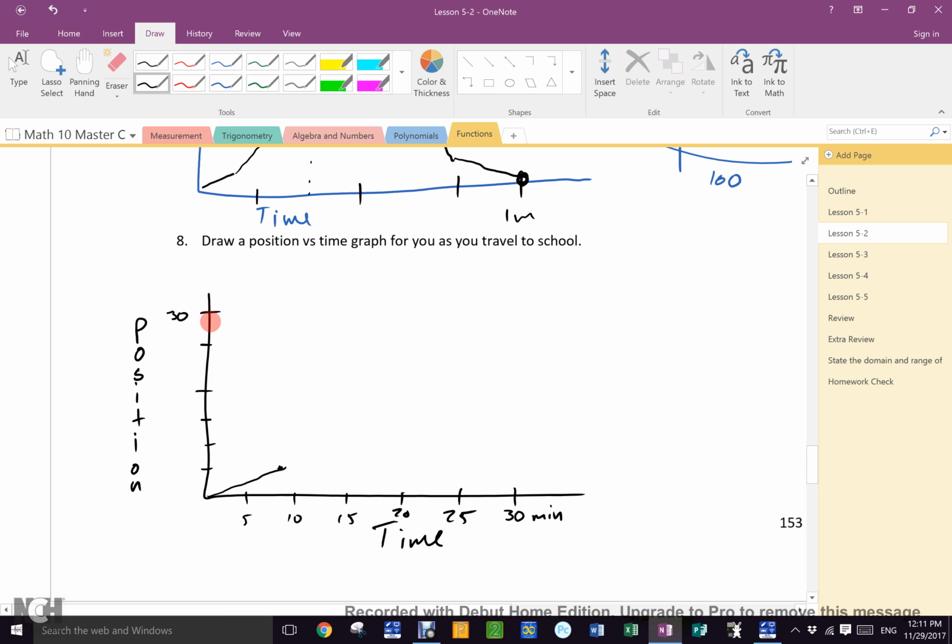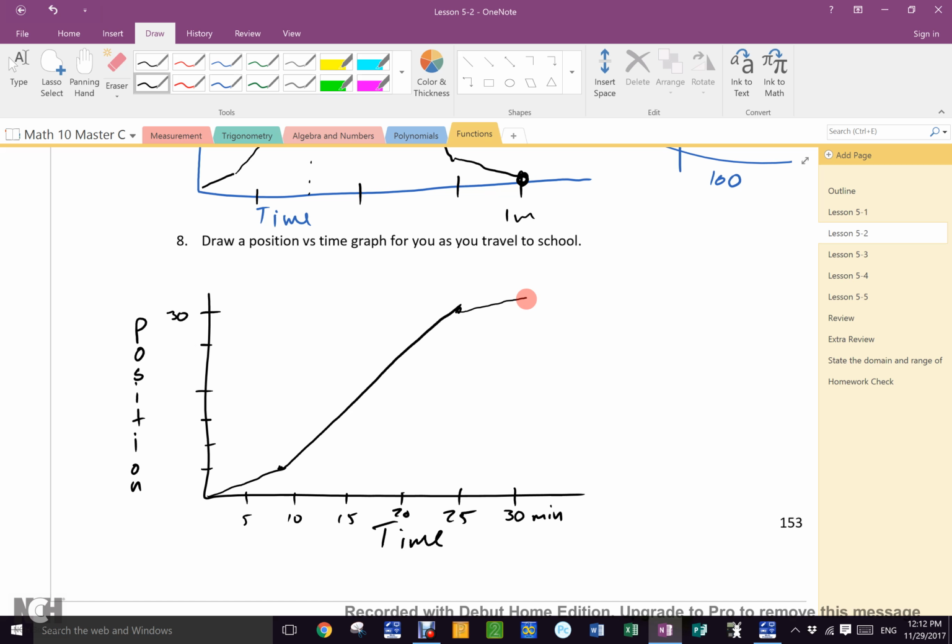So I get up to 28 in a very short amount of time, right? Now, the last 2 kilometers takes a long time because of traffic and because I'm not on the highway anymore and I'm down to 50 kilometers an hour.